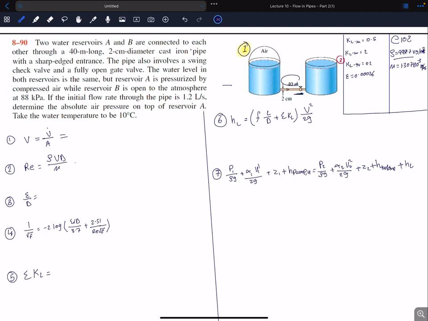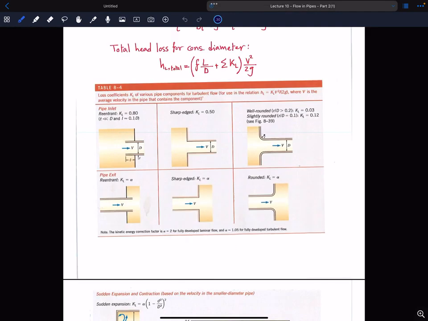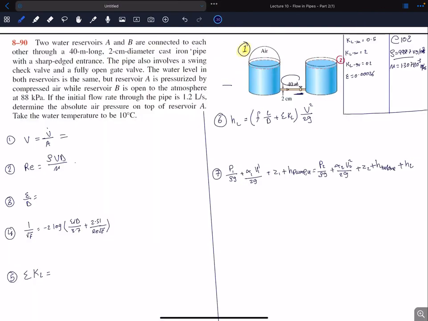The loss coefficient for the sharp edge is 0.7, taken from the table. For the check valve it is 2, and for the fully open gate valve it is 0.2. And the roughness of the cast iron is 0.00026.